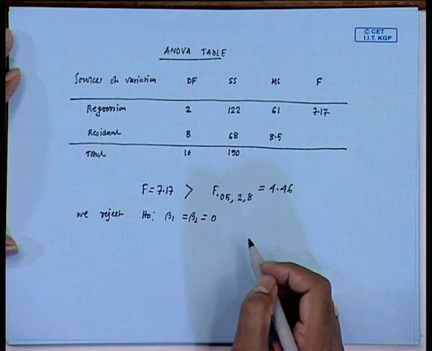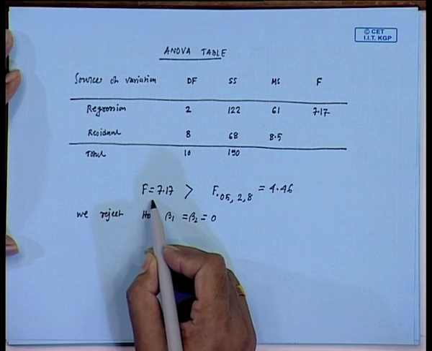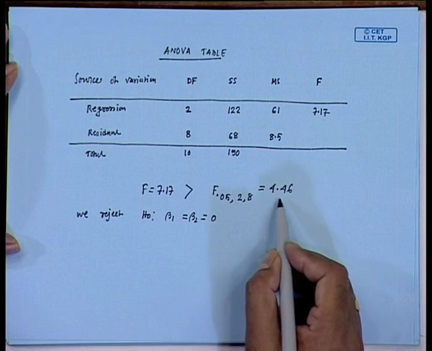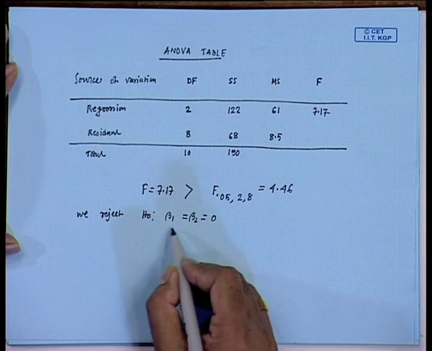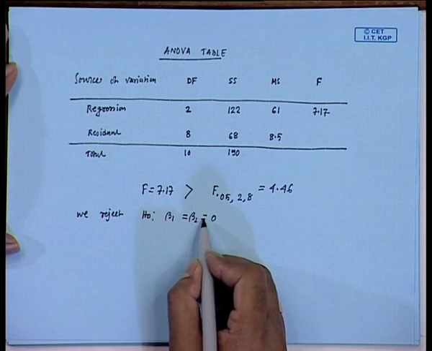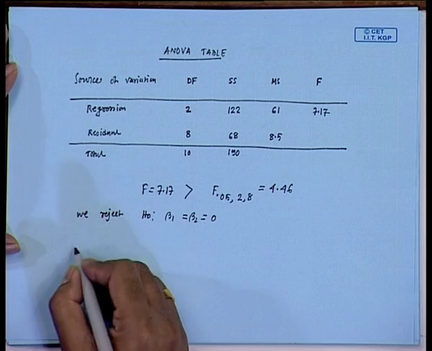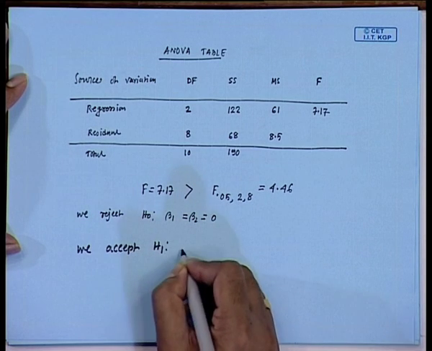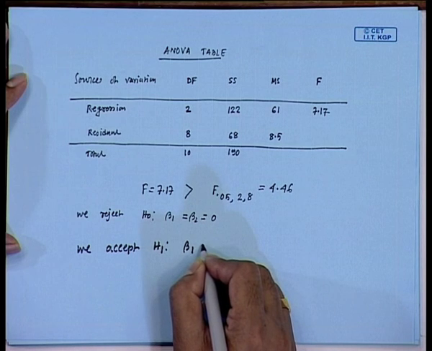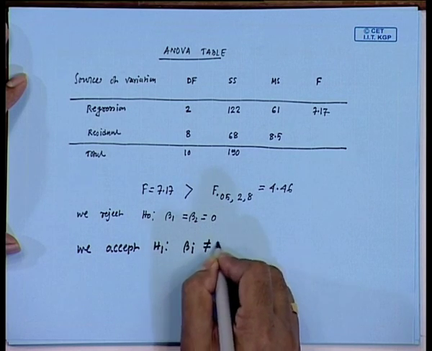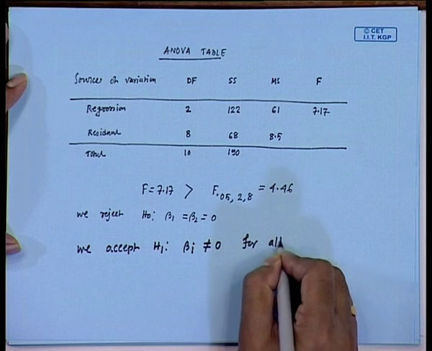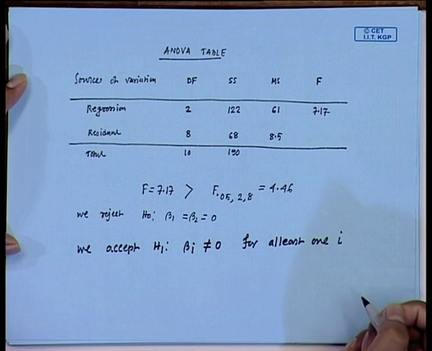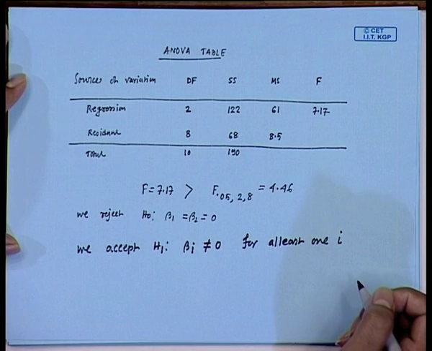Since the observed F value is greater than the tabulated F value, we reject the null hypothesis beta 1 equal to beta 2 equal to 0, and we accept the alternative hypothesis that beta i is not equal to 0 for at least one i.